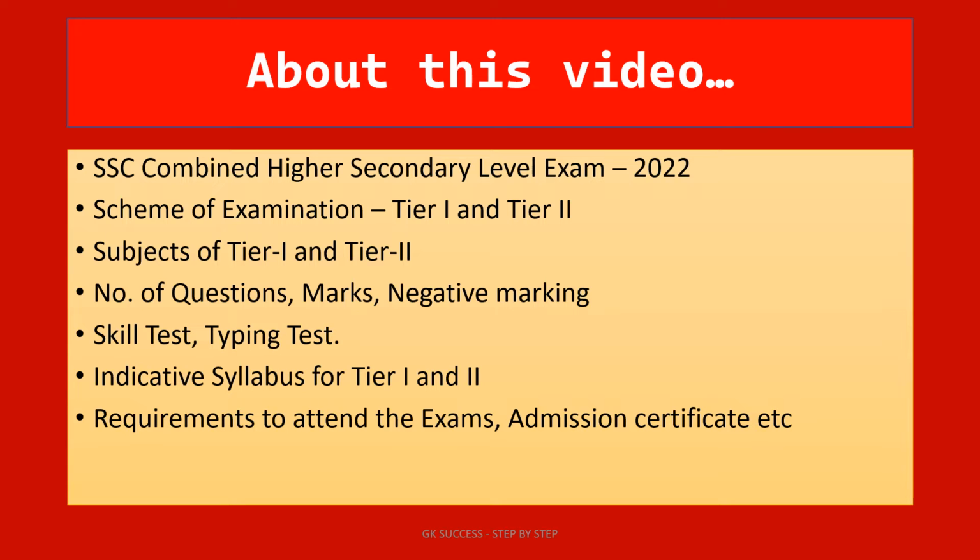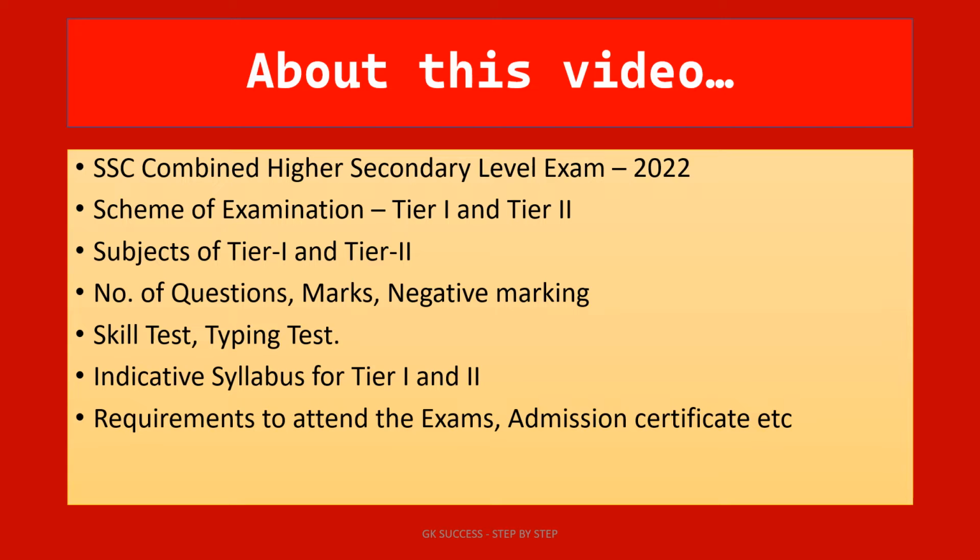In part 1 of the video, we saw the various details relating to the online application for the SSC Combined Higher Secondary Examination 2022. In this video, we are going to learn about the scheme of the examination, Tier 1 and Tier 2.